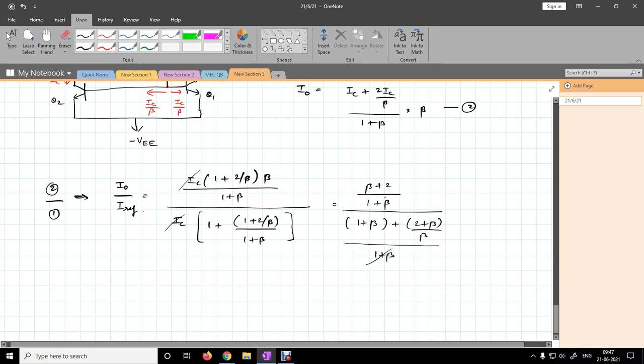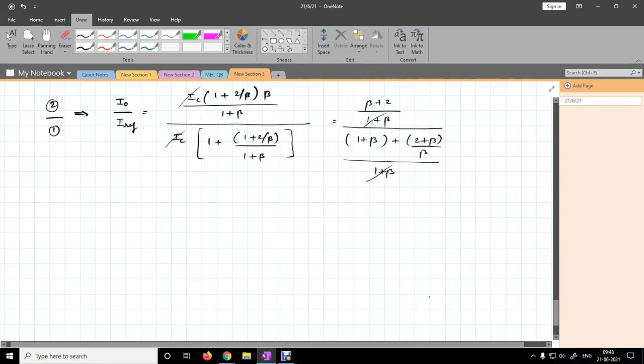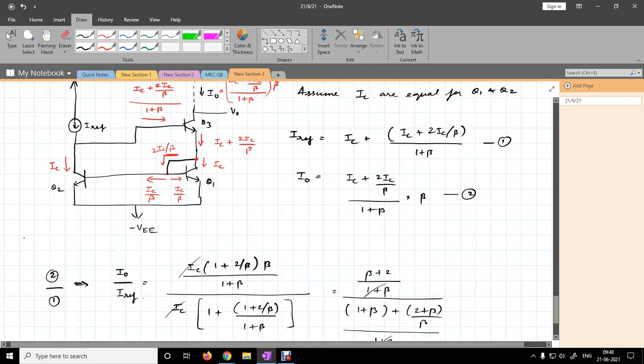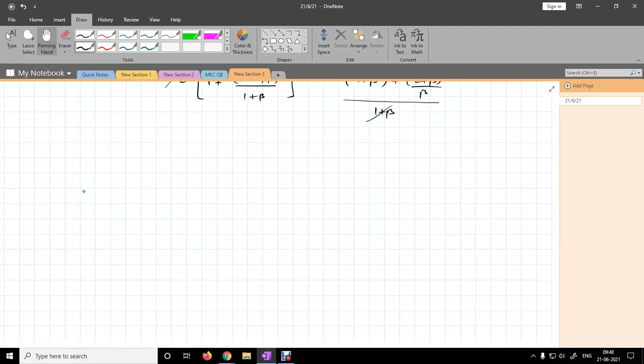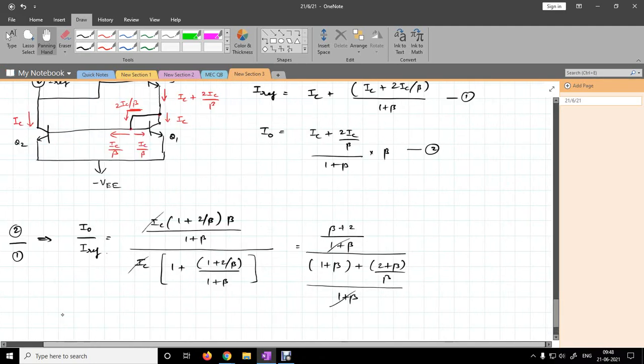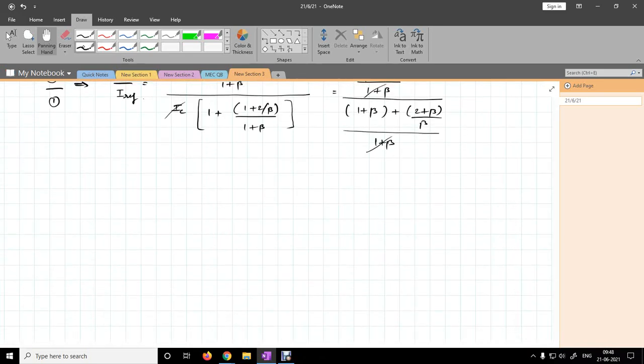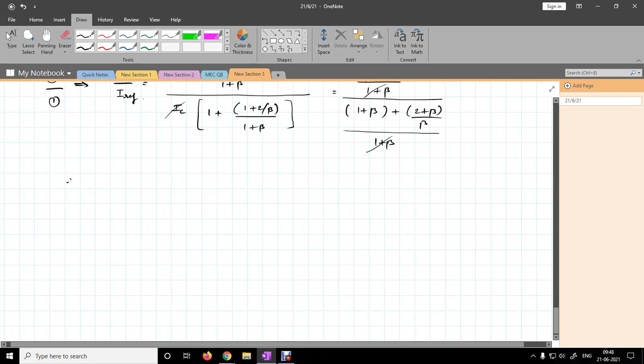So this 1 plus beta will get cancelled. Therefore I naught by I reference is equal to 2 plus beta divided by 1 plus beta plus 1 plus 2 by beta, which actually gives you 2 plus beta divided by 2 plus beta plus 2 by beta.